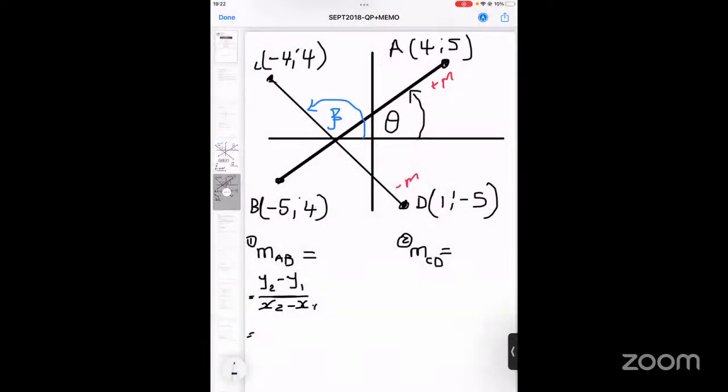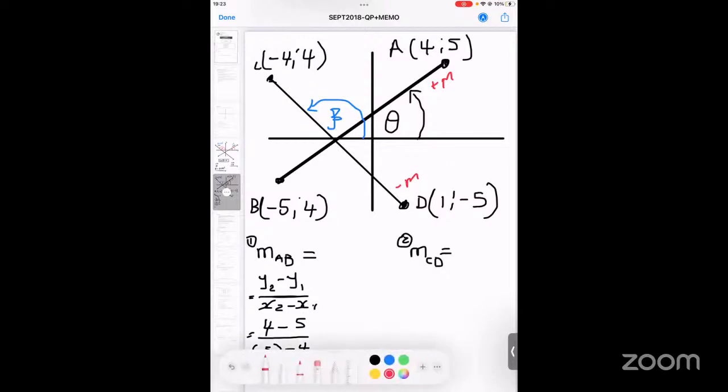You can take your Y2 from B. So Y at B is 4 minus your Y1, which is 5, divided by your X2, which inside the brackets is negative, minus your X1, which is 4.